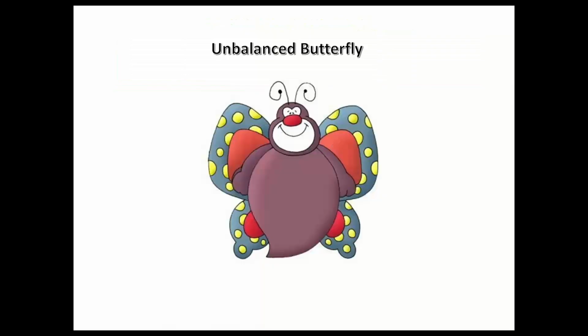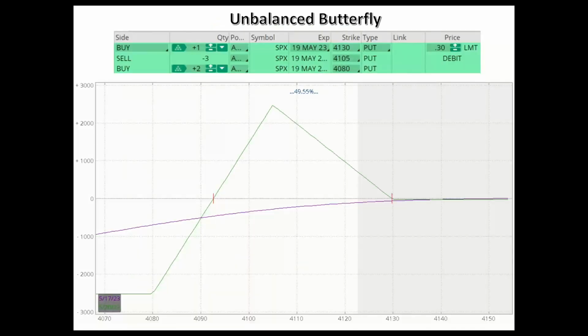Let's talk about the unbalanced butterfly. Here's a graph of a 4130, 4105, 4080, 1-3-2 unbalanced butterfly. What this is, we're buying the 4130, 4105, and this is a $25 wide butterfly vertical spread.